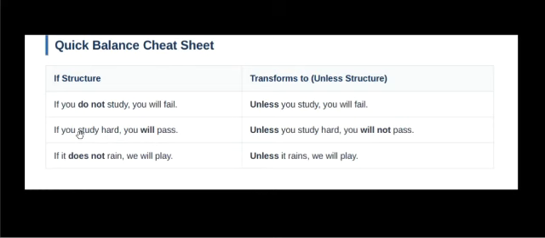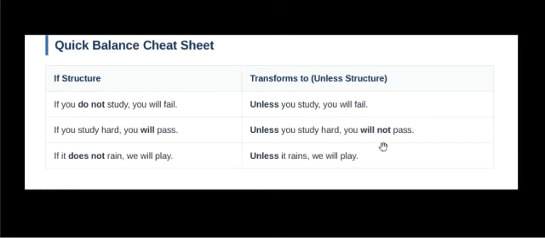Since we are starting with unless here, the other part is not supposed to stay like that, because it is having a what? A positive part. So that positive part is supposed to be changed to what? A negative part. This is what we did here. Unless you study hard, comma, you will pass. If we write that one, it will be wrong.